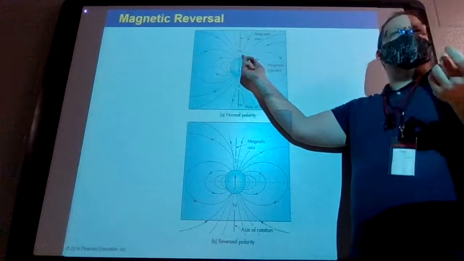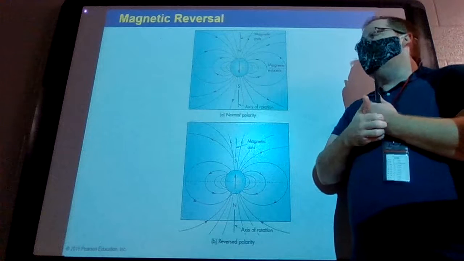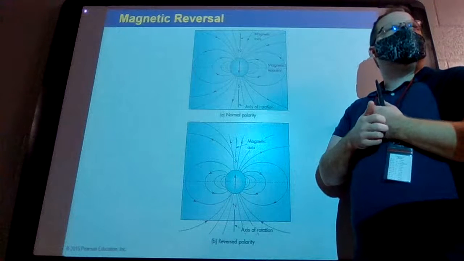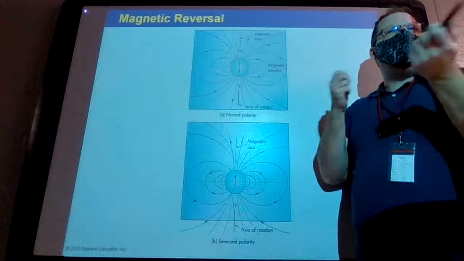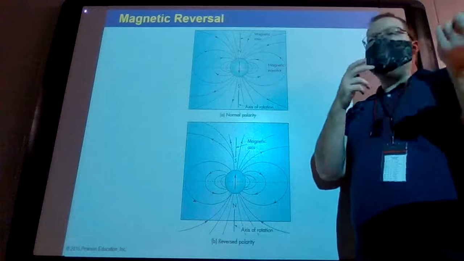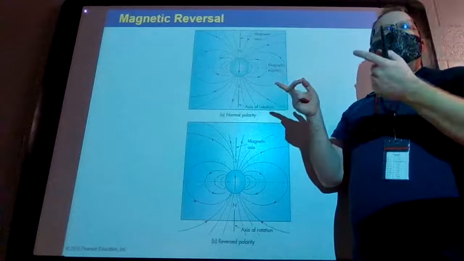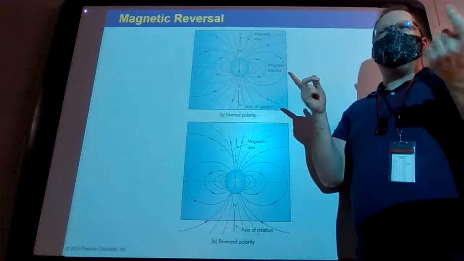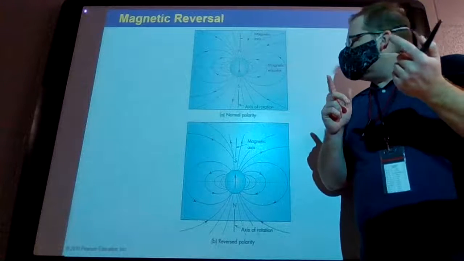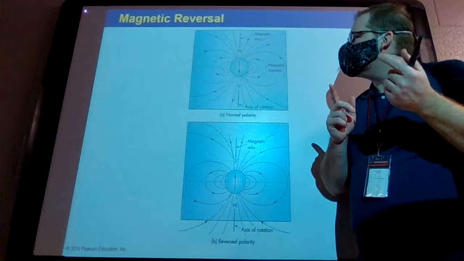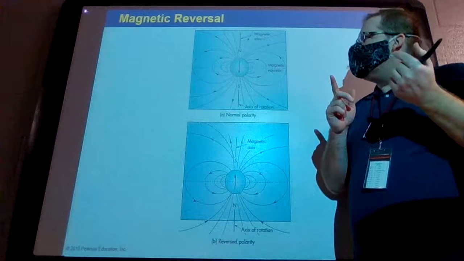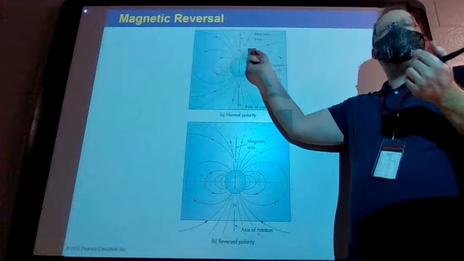The North Pole is north, the South Pole is south, which doesn't really make a lot of sense because a magnet isn't really north and south. It's positive and negative. Right now, what we think is the magnetic North Pole is positive, I believe. Yes, so the North Pole is positive.